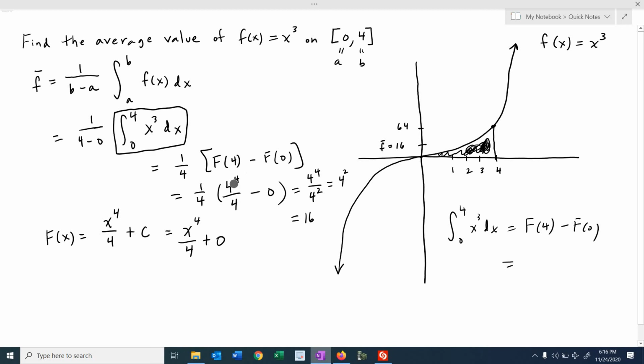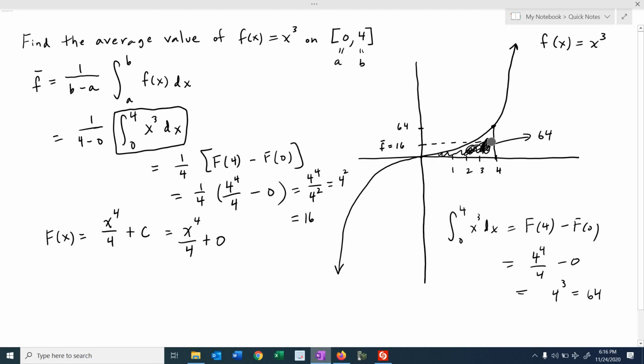And when we calculated that, we got 4 to the 4th over 4 minus 0, which is just 4 cubed. And that's equal to 64. So that's the area trapped in here, right? It's equal to 64. And so what we've done is we've flattened out the function so that it remains perfectly horizontal. And we determined that that would have to be at 16.